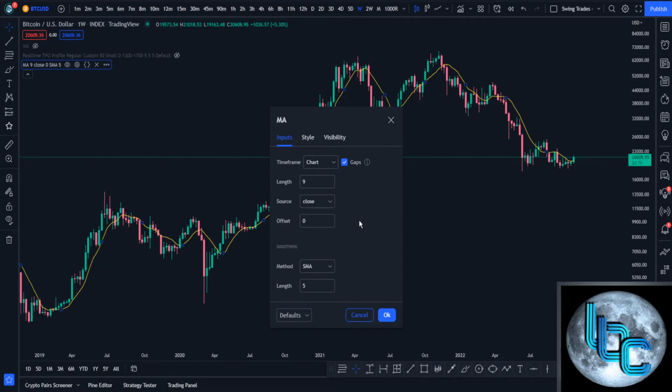And what the length is, it takes the last 9 bars and it adds them up and it gives you an average. So this is your moving average. And because of this, this is also a lagging indicator. So there's no real-time data to it. It doesn't move until a candle closes. So if we're on the weekly time frame, it might move on a weekly time frame, possibly all the way down to daily, maybe even 4 hourly.